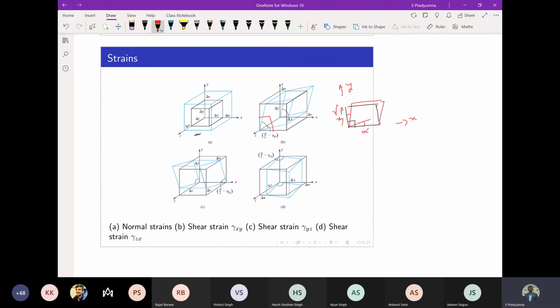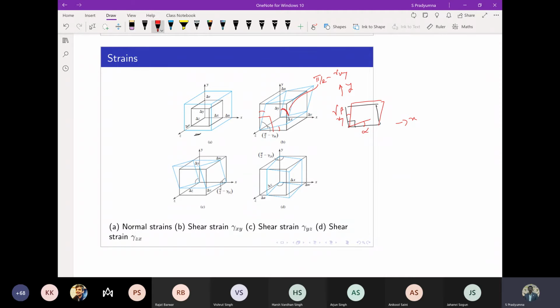Here also there is an angle, here also there is an angle. So this angle is equal to pi by 2 minus gamma xy, because alpha plus beta is equal to gamma xy. Pi by 2 minus gamma xy will be the revised angle of the cube because of the shear strain.